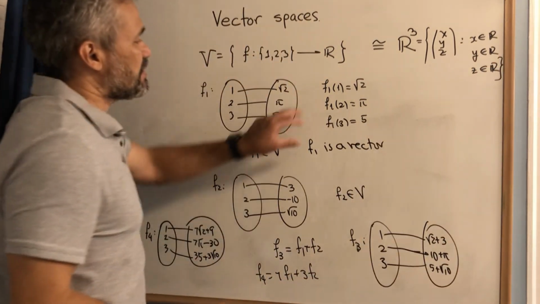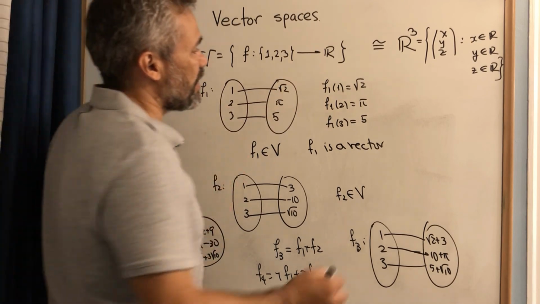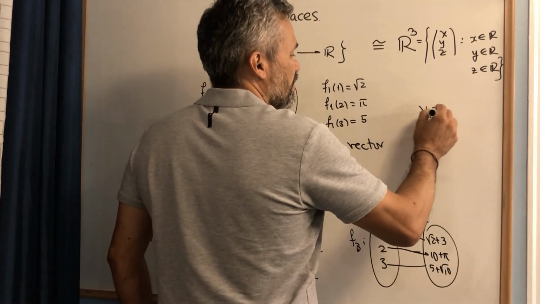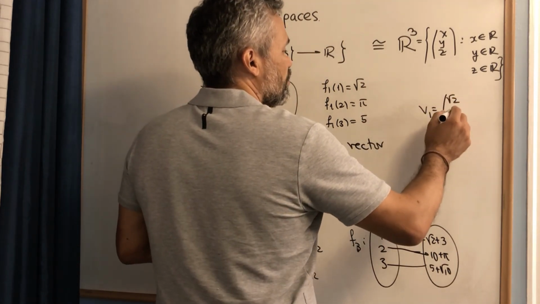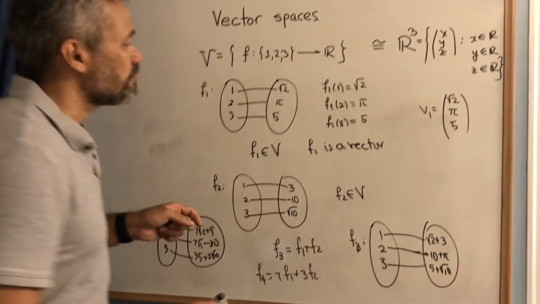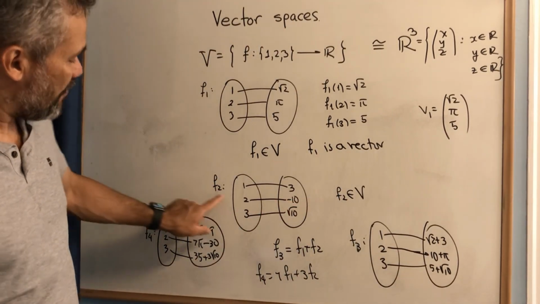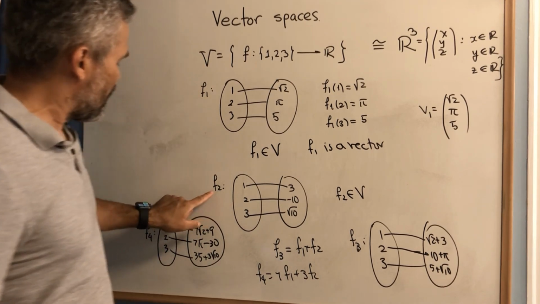Let's see, for example, f1 is a vector, but we can also think about the vector v1 equal to square root of 2, pi, and 5.